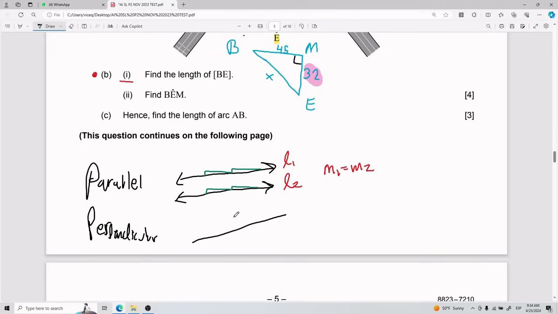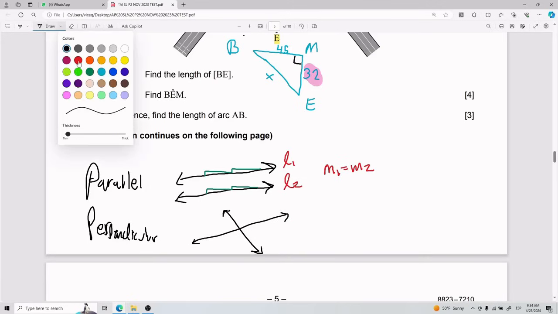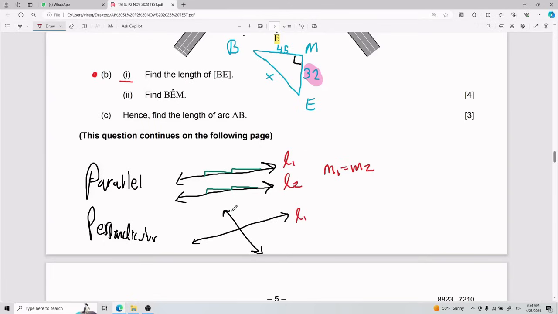It's like they cross each other, but in such a way that for line 1 and line 2, the first slope times the second slope is negative 1. And so technically the first slope is going to equal the second one flipped times a negative. It's a mathematical rule. So for perpendicular slopes, you can flip it and multiply by negative 1.